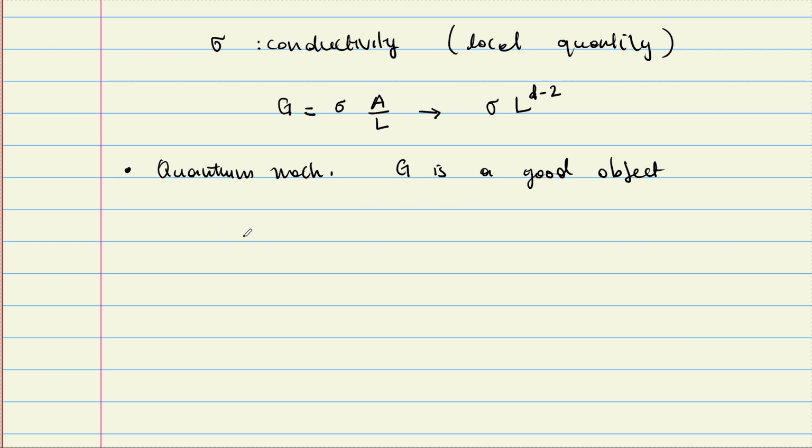The reason for this is, if you think about, for example, Landauer conductance, electrons are delocalized waves that propagate in the entire sample, and these delocalized waves can interfere and change this ohmic conductance.